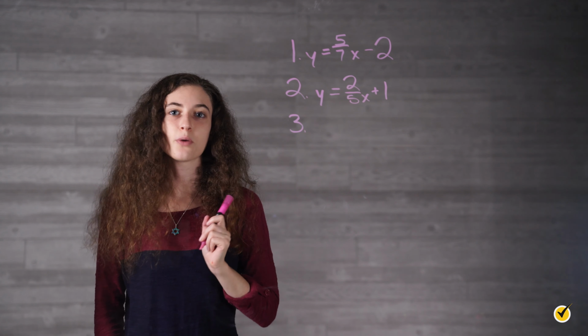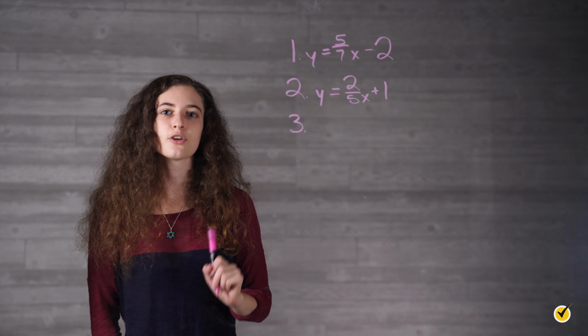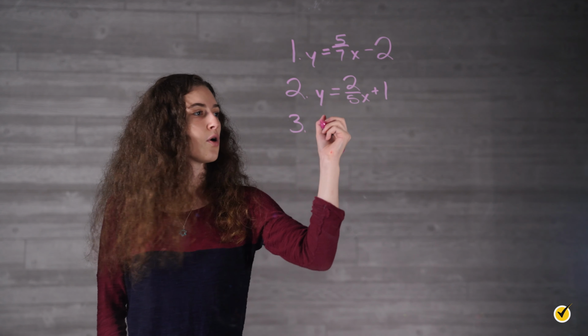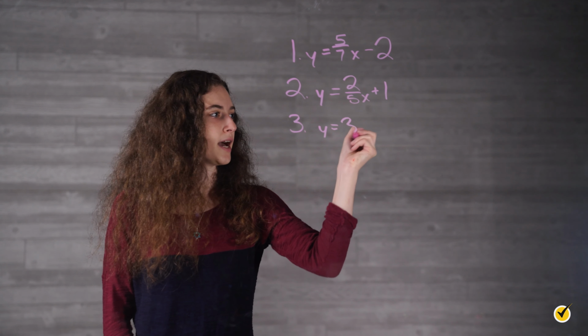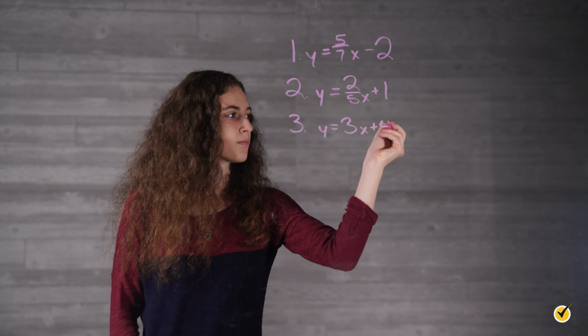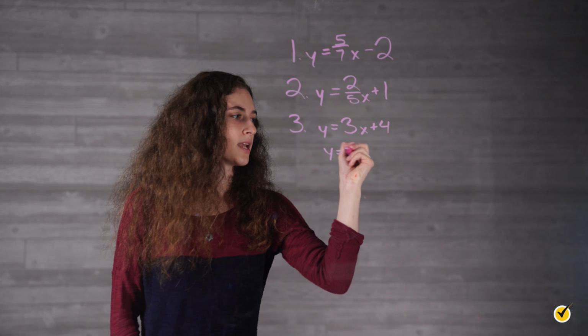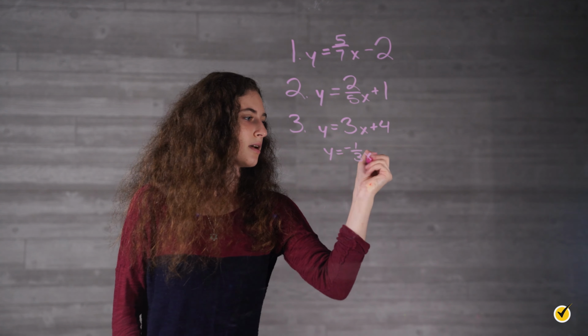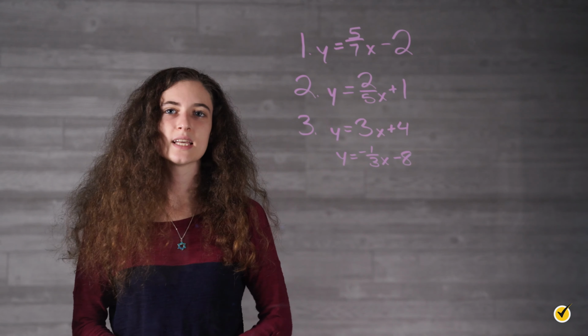State whether the lines are parallel, perpendicular, or neither. y equals 3x plus 4, and y equals negative 1/3 x minus 8. Example 4.